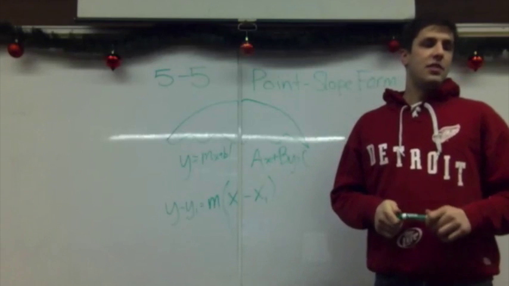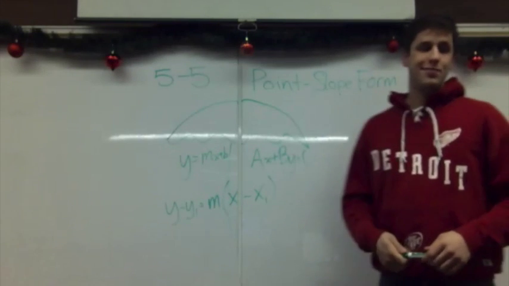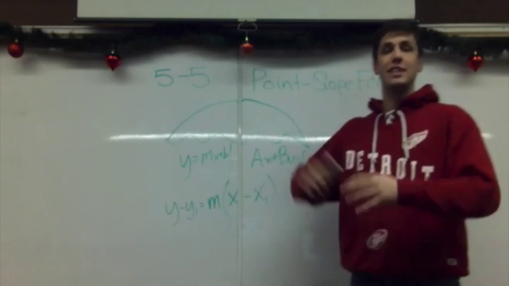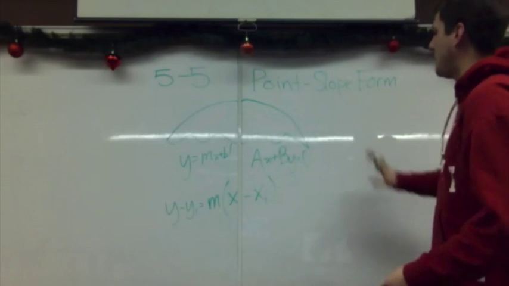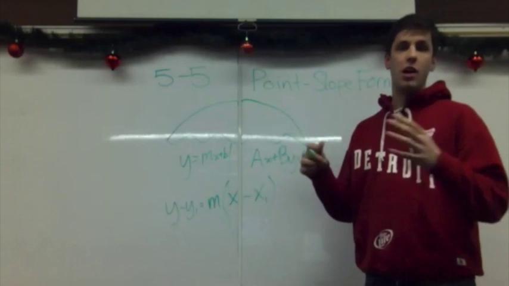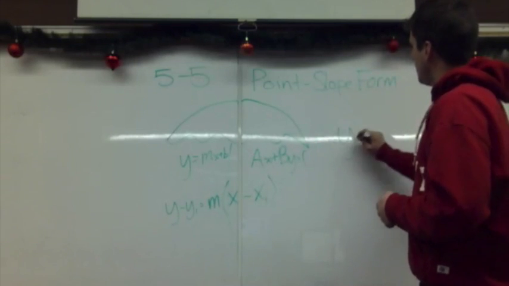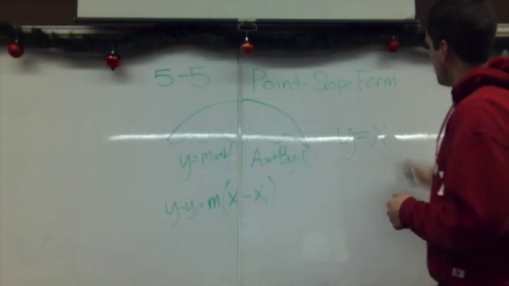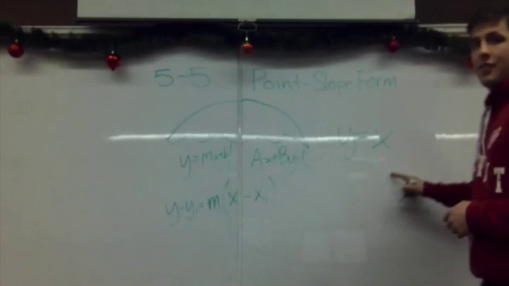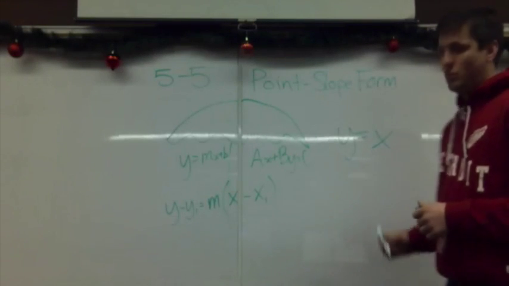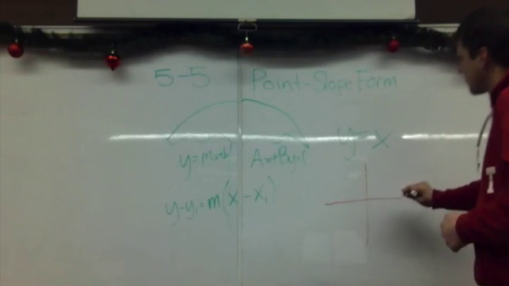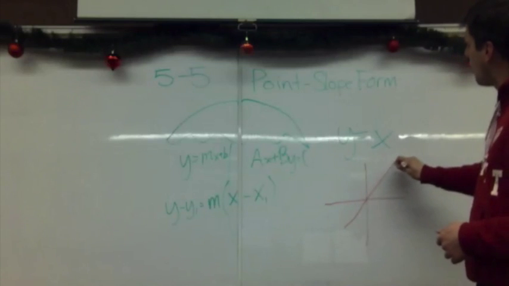The purpose of the point-slope form, this last one, is to see how the graph is translated, so how it moves up, down, and turns from the very, very general function y equals x. If you were to graph this very general function y equals x, you would have a graph that looks like this. It'd have a slope of positive 1.